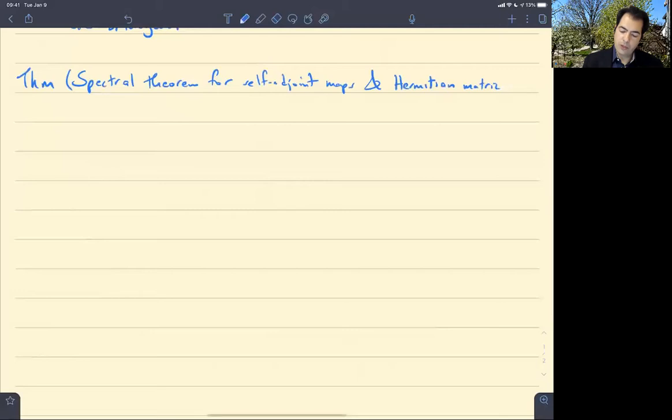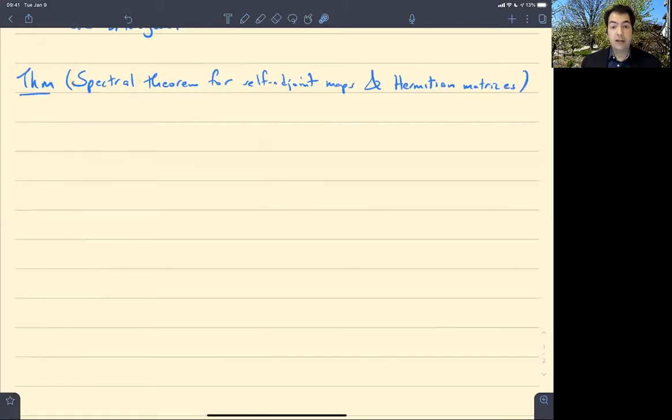Remember, Hermitian matrices are just matrices that are equal to their conjugate adjoint. If they have real entries, that means that they are equal to their transpose, and in that case, we call them symmetric.